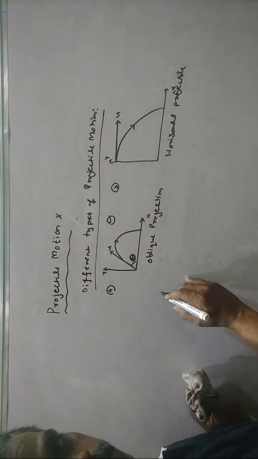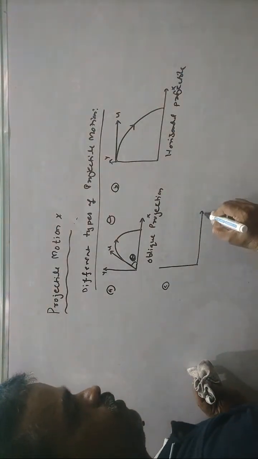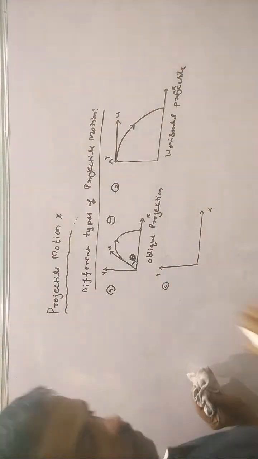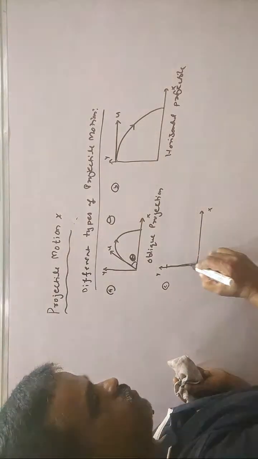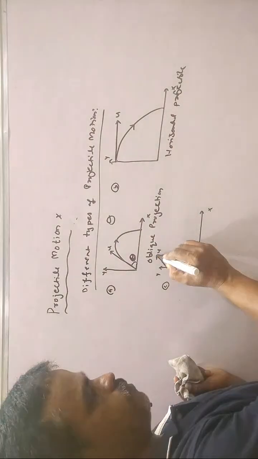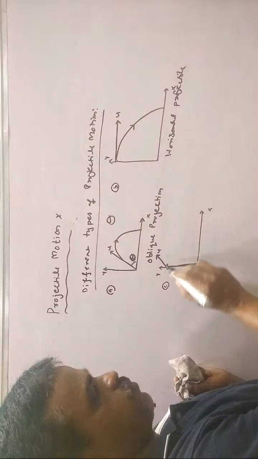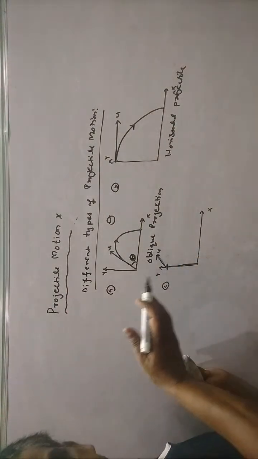Just copy it. One more diagram I am giving. X-axis, y-axis. So this is the height. We are projecting with initial velocity u from a height.